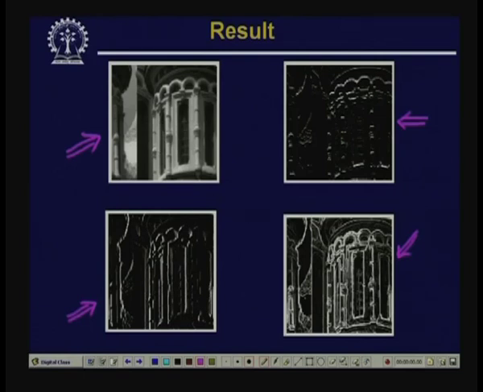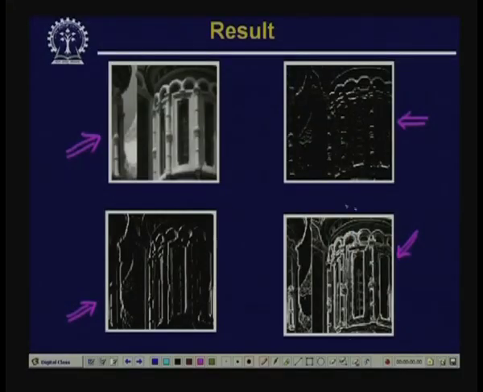If you compare this image with the original image, you find that the different edges present in the original image have been extracted by the Sobel edge operator. By combining the outputs of the vertical mask and the horizontal mask, we can identify the edges which are there in various directions. That is what we have got in the fourth image.